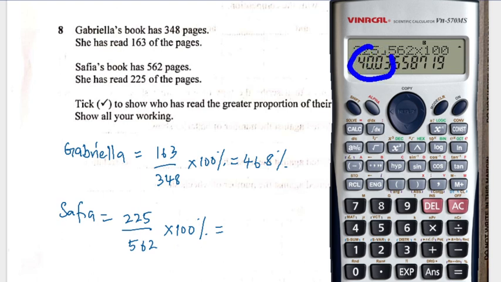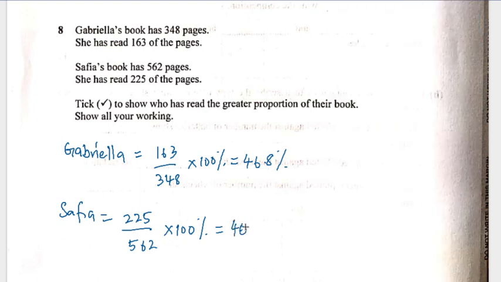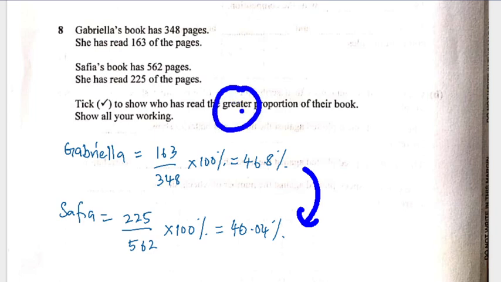Okay, round it off. So we get 40.04%. So in this case, when we compare, we can see that Gabriella has read greater proportion of her book. Okay, so we tick Gabriella here.